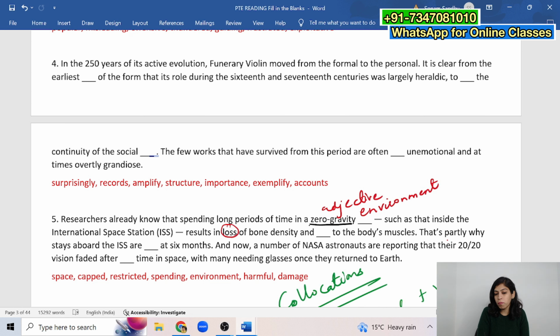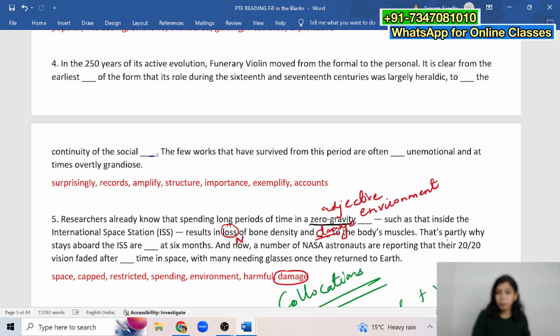Loss to bone density. So it is a noun here. We'll also get a noun here. Dash to body's muscles. Something is happening to the body muscles. So some noun will come. So we have space and damage here. So we are going to use damage. And damage to space to body muscles cannot be the answer. It is not making any sense. So damage will be the answer. Damage to the body's muscle.